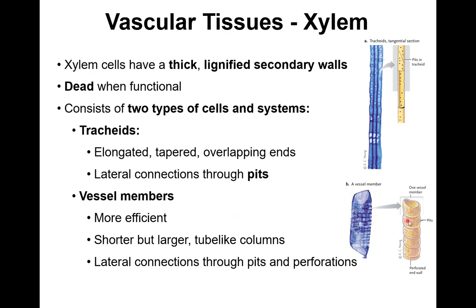They still have pits that allow for the movement of material sideways, but when it comes to the connection between different vessel members, first of all, they're a bit shorter, and the connection is not tapered, but is basically perpendicular to the wall of the vessel members here. And so there are pits that allow for the movement of the fluid more directly in a vertical way.